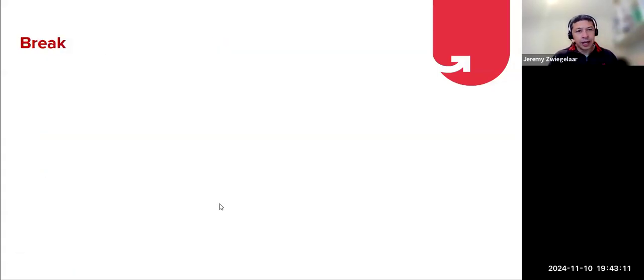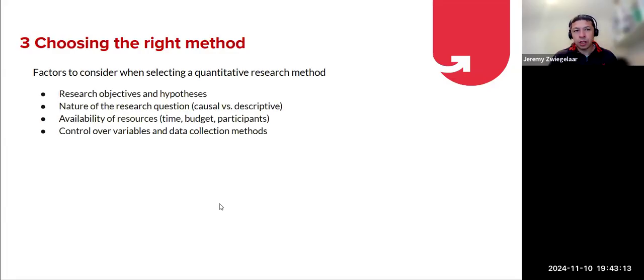So when we're choosing the right method, we need the following. We need a set of objectives to define what it is that we're trying to understand in terms of the research and how we're going to go about that, and then defining the hypotheses. Now, reminding ourselves, it is very structured.